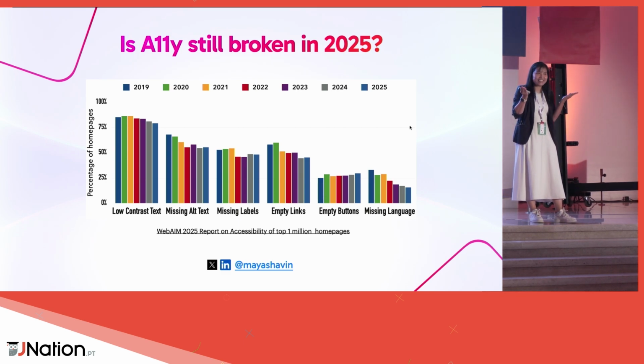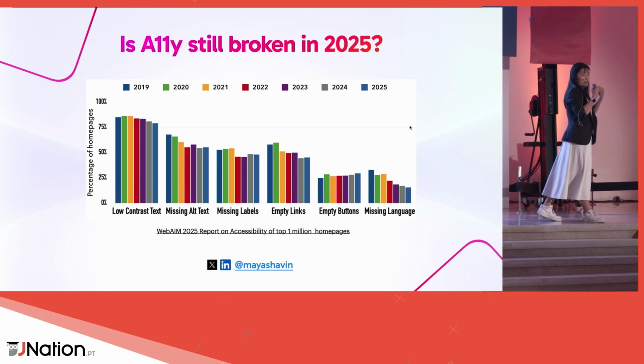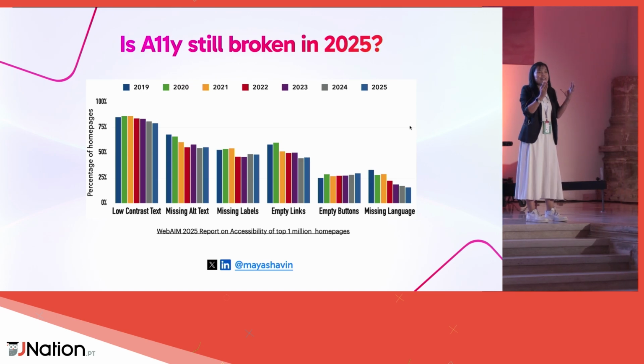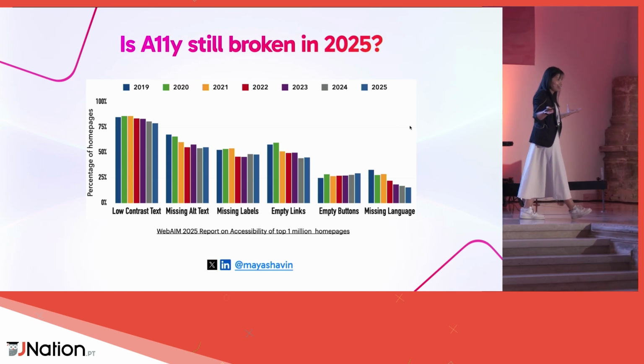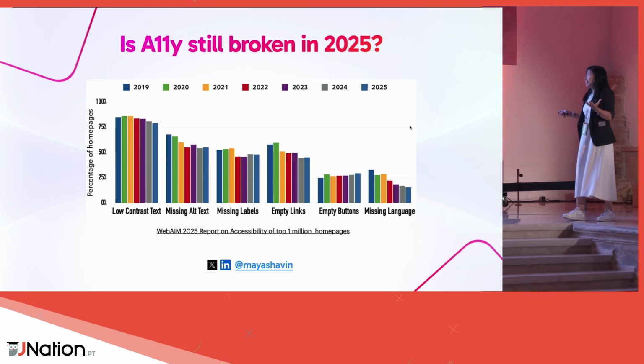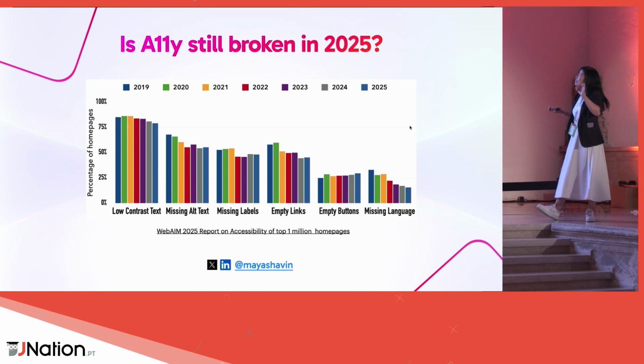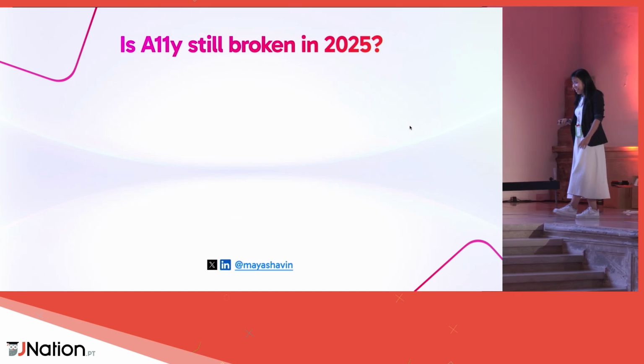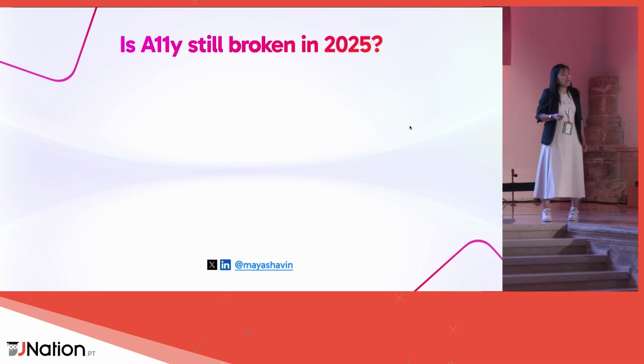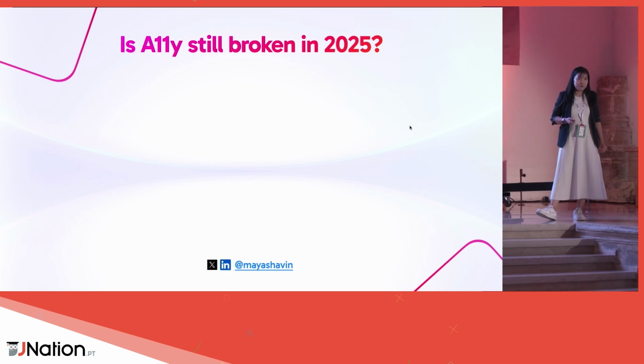Because we're looking at screens, we're looking at our devices all the time, and this is what happened here. And still, these are reported bugs. It didn't go down enough. It went down by a little bit, if you can see 2025, but still not down enough, okay?